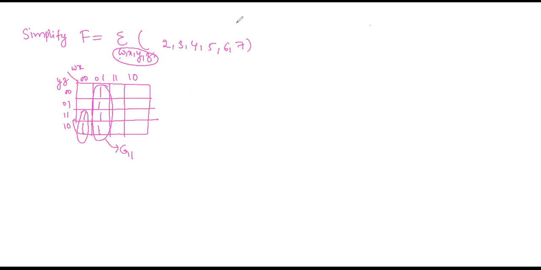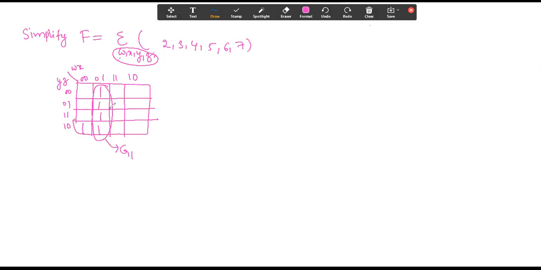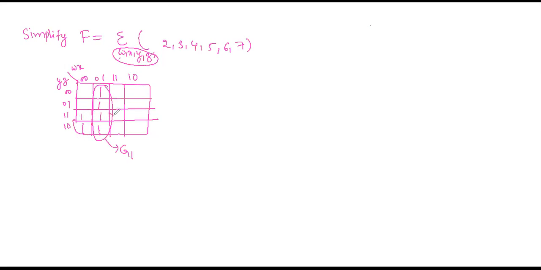So you take the help of the other 2 minterms in group 1 and you can form it as G2. Okay, G1, G2. Final expression is F is equal to G1 plus G2.